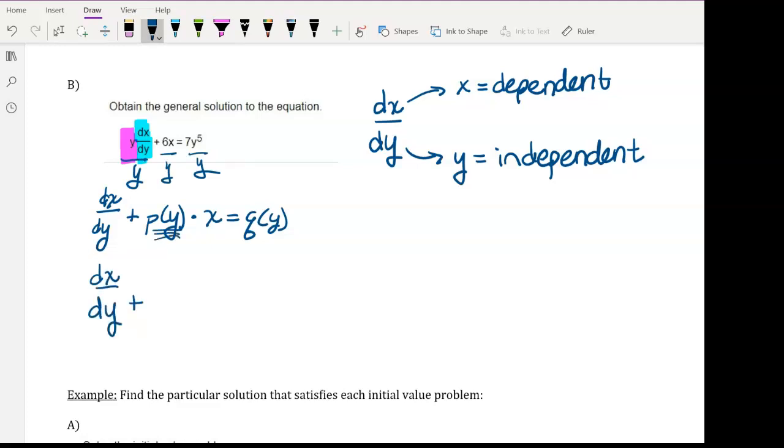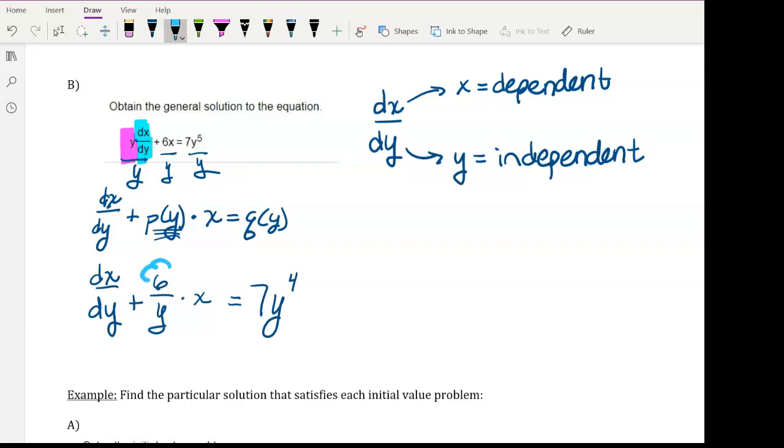Now remember, the p of y is multiplied by a single x. So instead of writing 6x over y, I'm going to separate the 6 over y times the x, so it looks more like my p of y times an x. And that is equal to, we can simplify on the right, we just get 7y to the fourth.